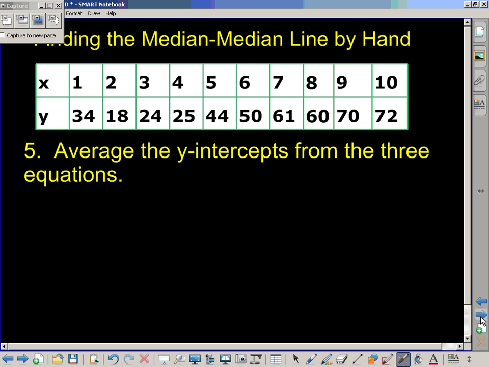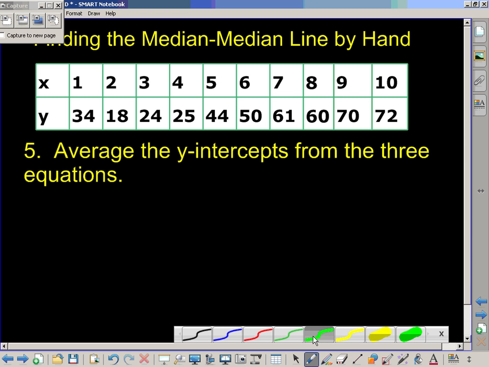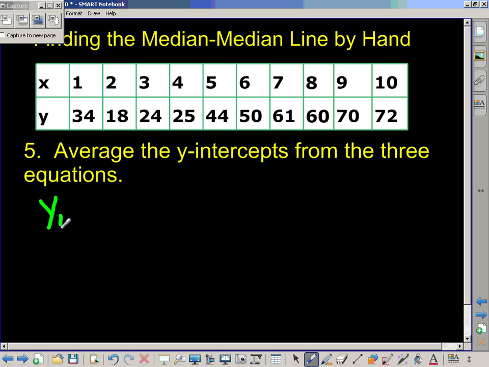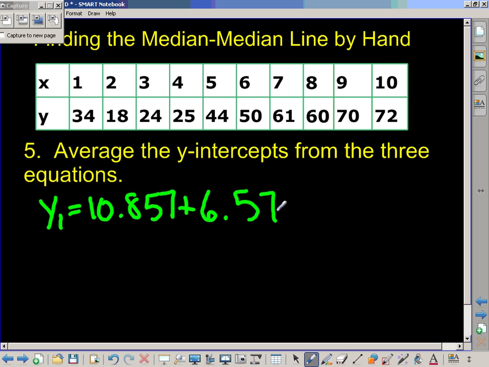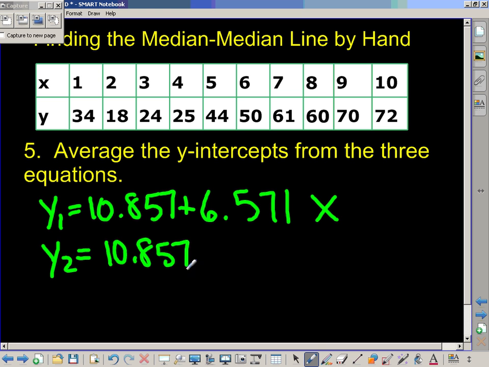After expanding, and you could pause for a moment and work that out and come back to me, what you should get is a y1 of 10.857 plus 6.571x. A y2 of 10.857 plus 6.571x. Boy, my data is pretty good here.